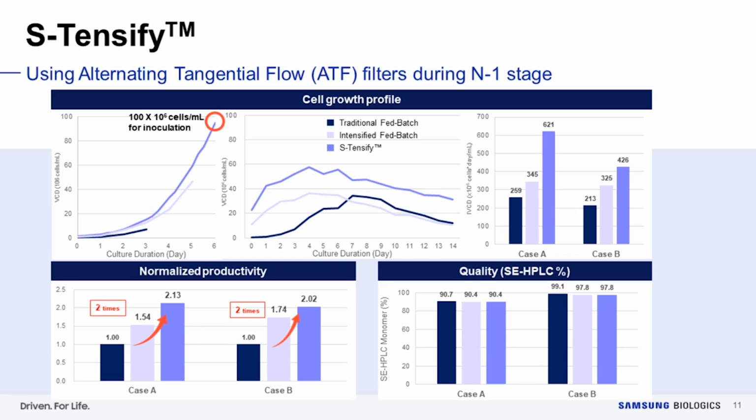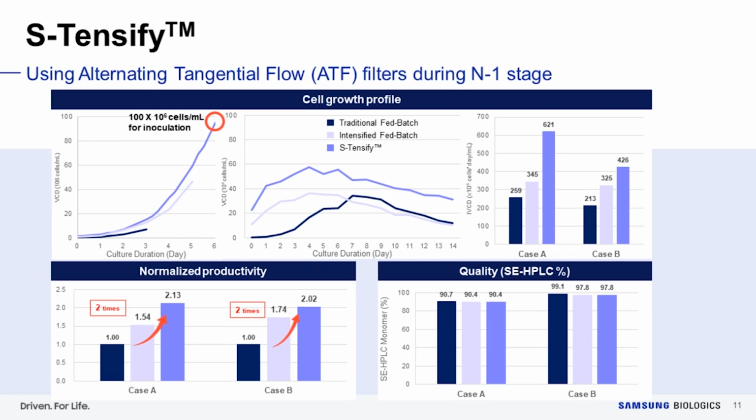By applying our platform, the production team achieved a peak viable cell density of 50 to 100 million cells per milliliter in the N-1 stage and inoculated the main culture at 10 to 20 million cells per milliliter. The total integral viable cell density increased by 2 to 3 times, resulting in a productivity gain of over twofold compared to that of the traditional fed batch process.